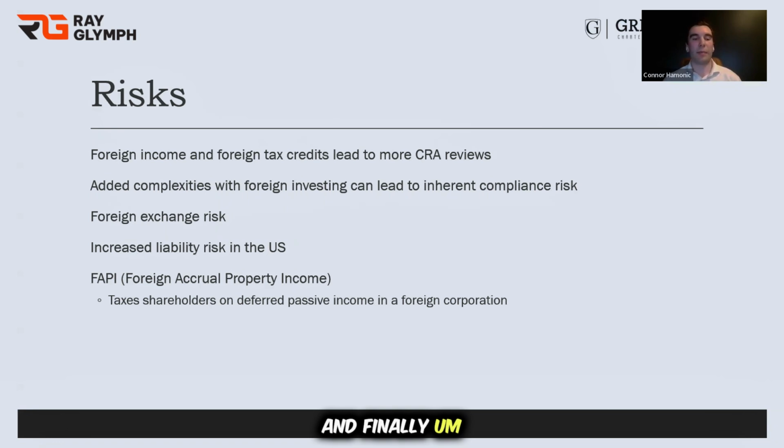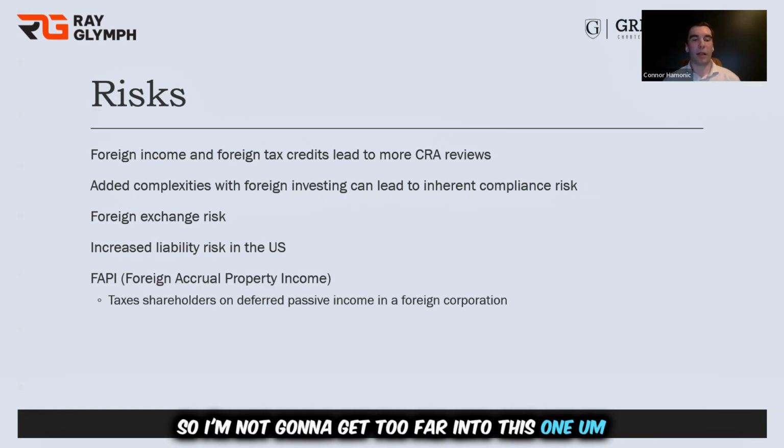And finally, FAPI, foreign accrual property income. So I'm not going to get too far into this one. This gets a little bit more complicated, but the idea with this is that if you are sheltering your investments in a US corporation and you are deferring taxes on your passive income and you're trying to avoid paying tax in Canada on that income, CRA can actually assess you on that income and make you pay tax on the income, even if you haven't received it.